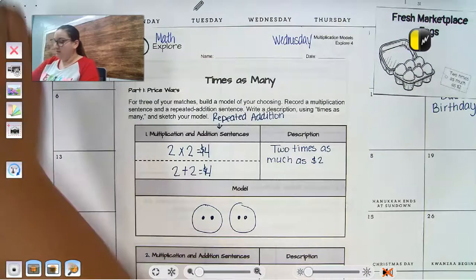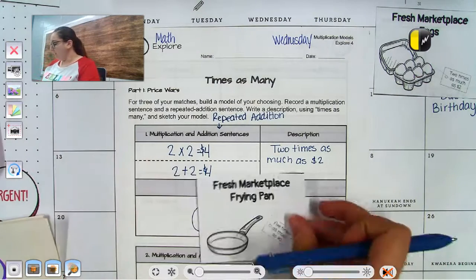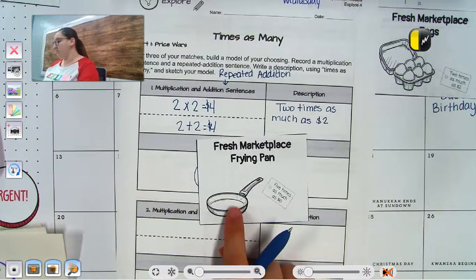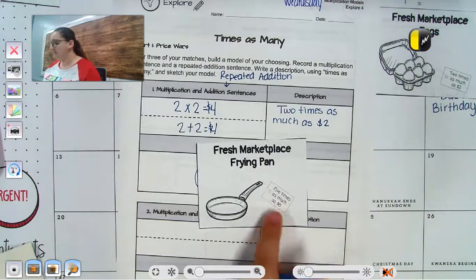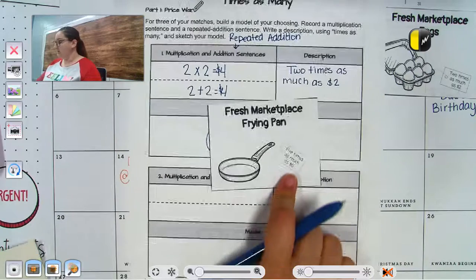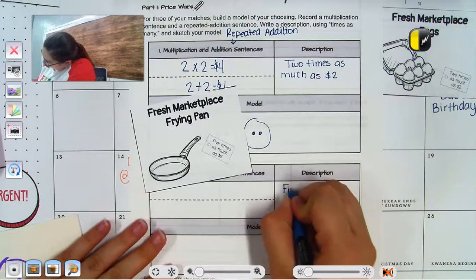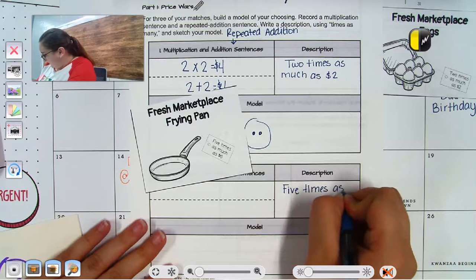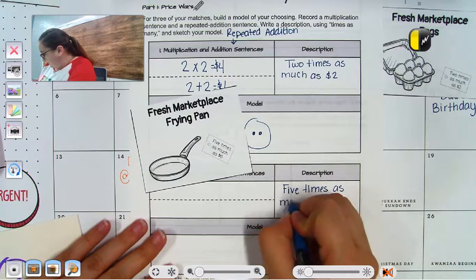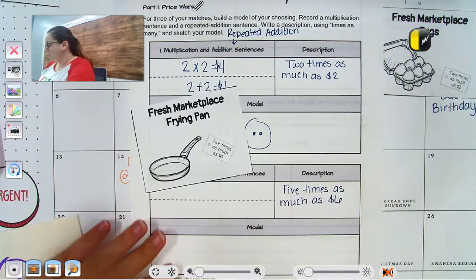Okay, let's look at my next one. The fresh marketplace frying pan costs 5 times as much as $6. So that's my description: 5 times as much as $6.